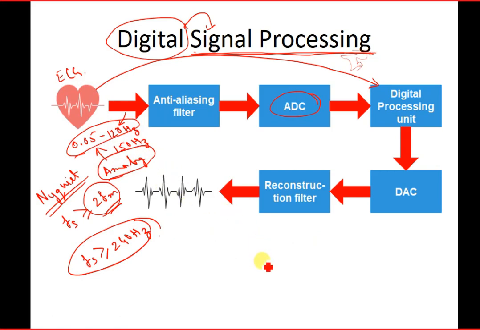And when you talk about analog signals, all of you must have heard of the Fourier series. What does the Fourier series say? The Fourier series says that any periodic signal can be reconstituted using an infinite number of sinusoids.